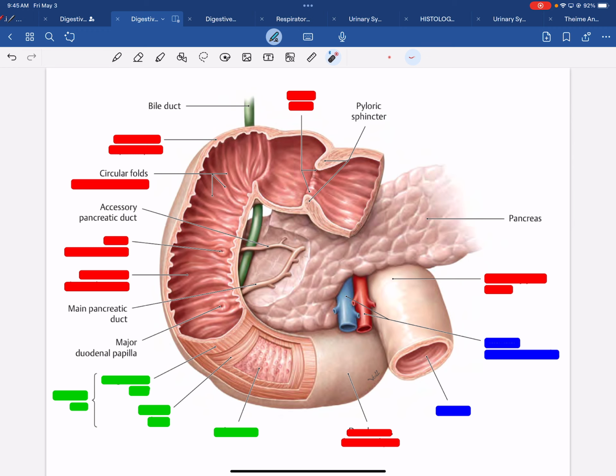Good. All right, so then what's the function of either of the pancreatic ducts? Good, to carry pancreatic juice into the duodenum. And what kinds of things are in the pancreatic juice? Not bile, no. Is it amylase?